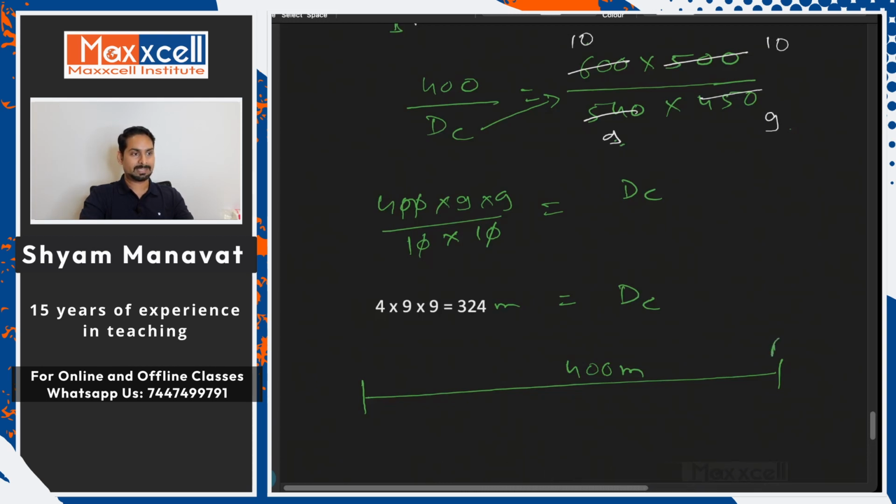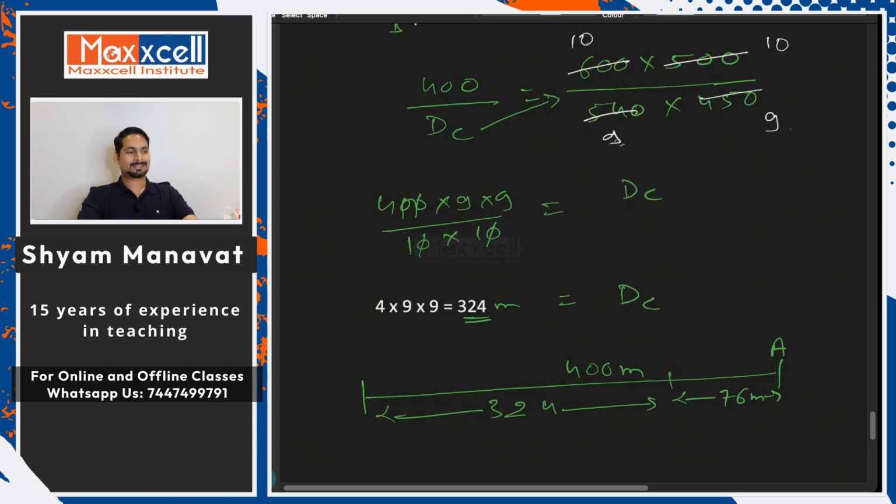So when A completes the 400 meters, the distance covered by C will only be 324 meters. In that case, the remaining distance is 400 minus 324. That will be 76 meters.